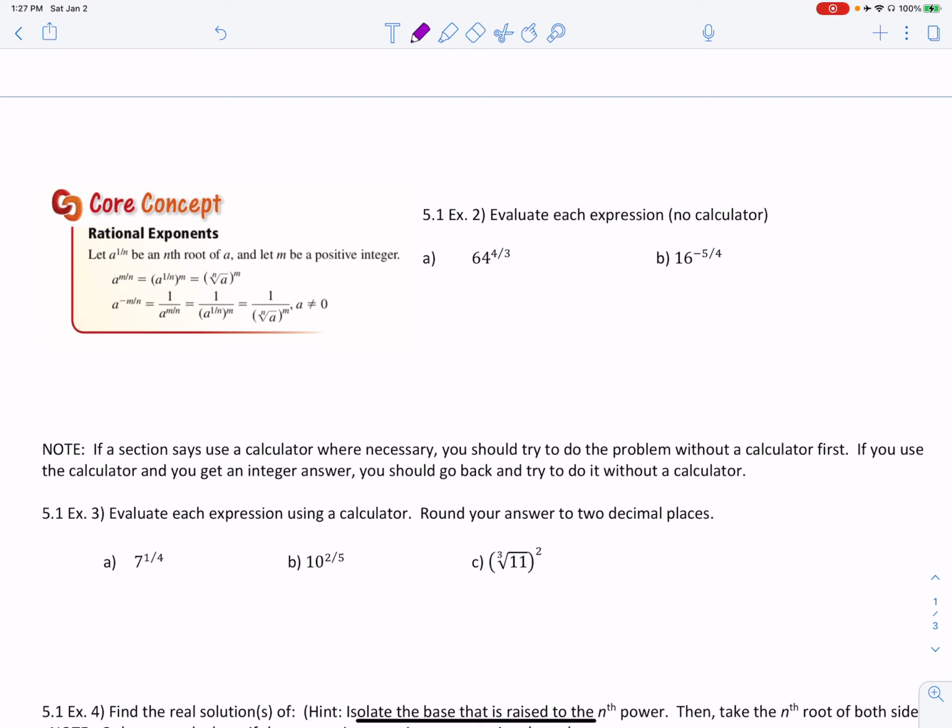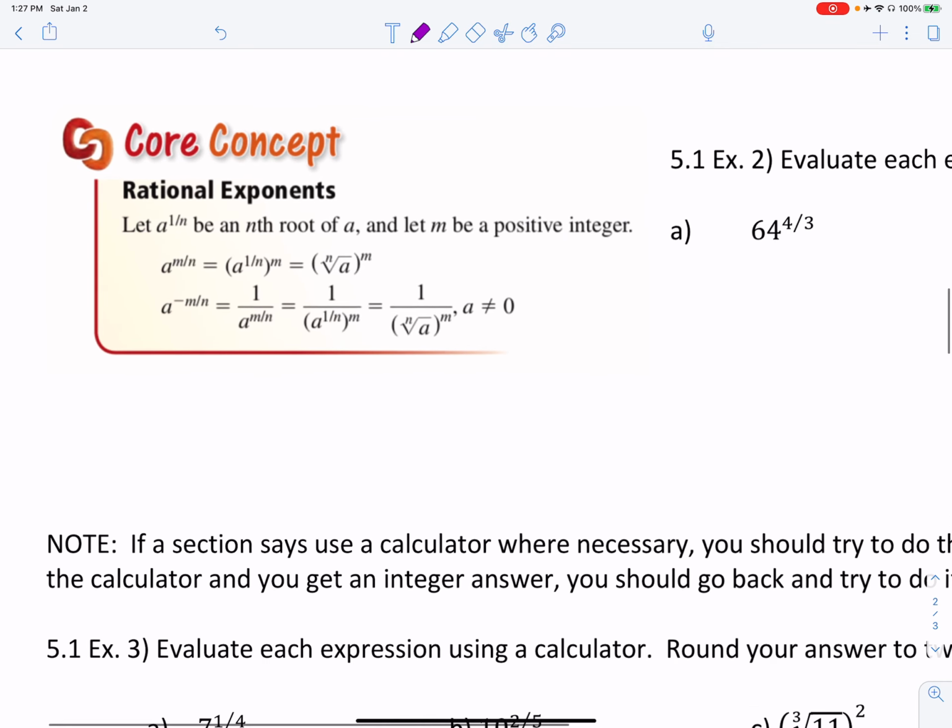Let a to the 1 over n be the nth root of a, and let m be a positive integer. And they're just showing you some relationships. A to the m divided by n can be a to the 1 over n to the nth power. Or you can think of it as the denominator is the index on the radical.